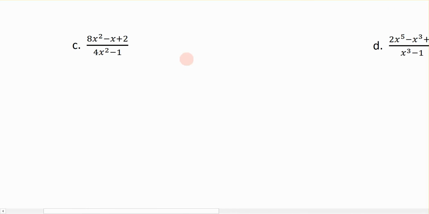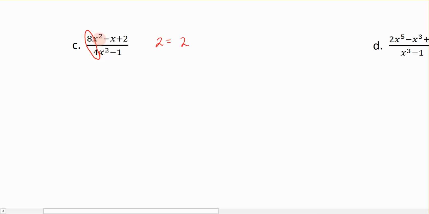Now, let's look at this rational function here. In this case, again, we're going to talk about the degree of the numerator, which is a 2, and the degree of the denominator, which is also a 2. Now, whenever the degrees are equal, we have a horizontal asymptote, and we're going to use these leading coefficients right here to find out what the equation of my horizontal line is.